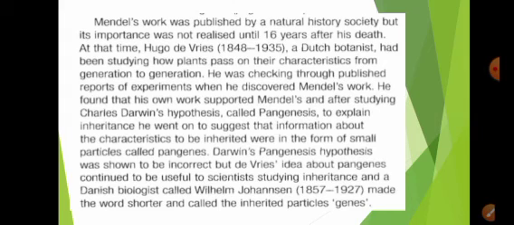He found that his work supported Mendel's, and after studying Charles Darwin's hypothesis called pangenesis to explain inheritance, he went on to suggest that information about the characteristics to be inherited was in the form of small particles called pangenes. Darwin's pangenesis hypothesis was shown to be incorrect, but de Vries' idea about pangenes continued to be useful to scientists studying inheritance, and a Danish biologist called Wilhelm Johannsen made the word shorter and called the inherited particles genes.